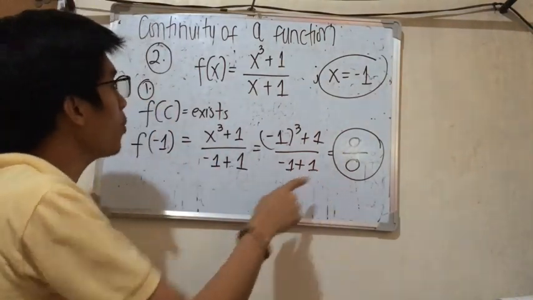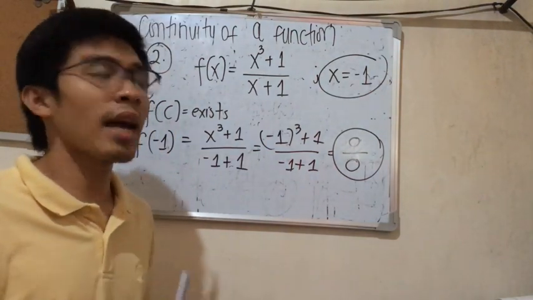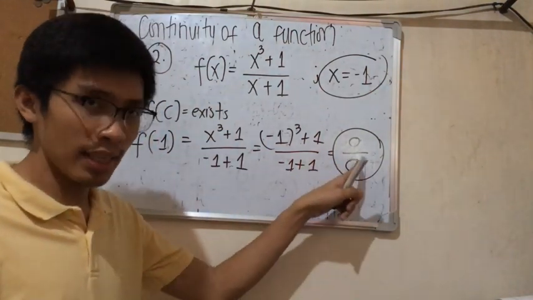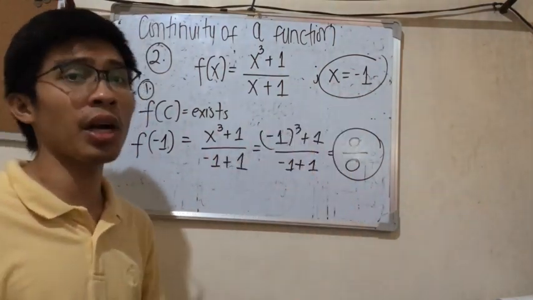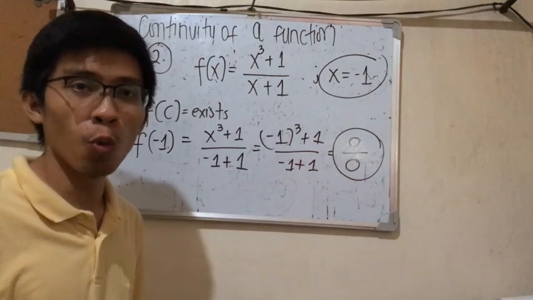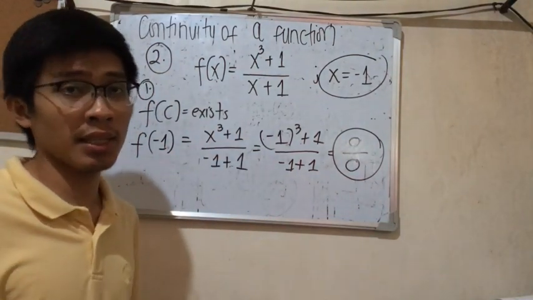For condition number 1, does f of c exist? No, f of c does not exist because it is 0 over 0. Do I have a reason to continue to the other conditions? No, because at condition number 1, f of c does not exist.